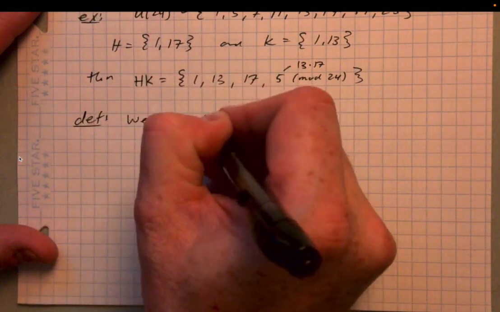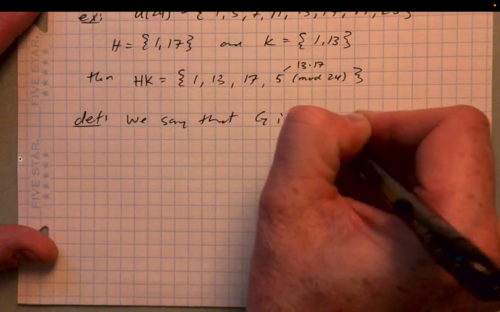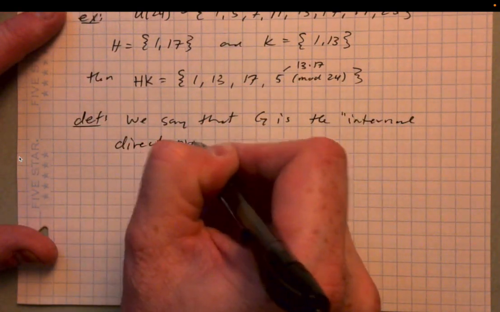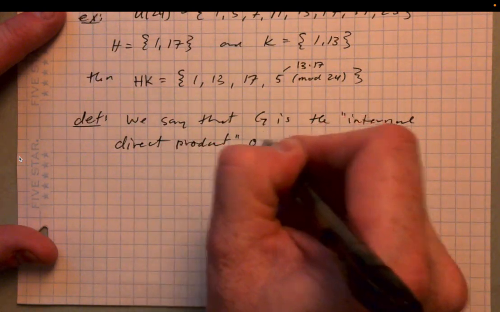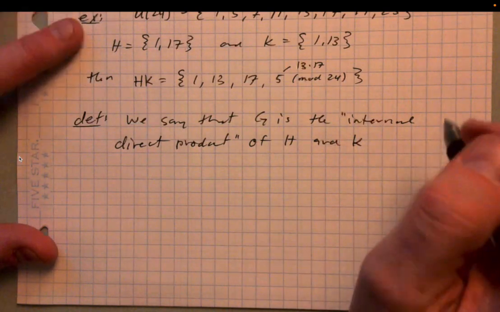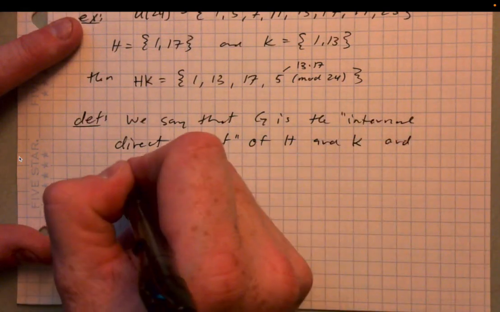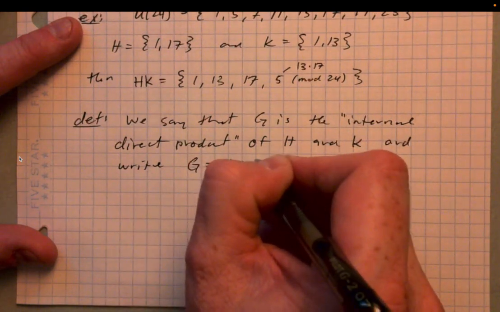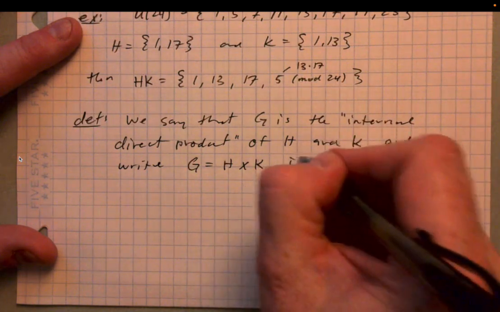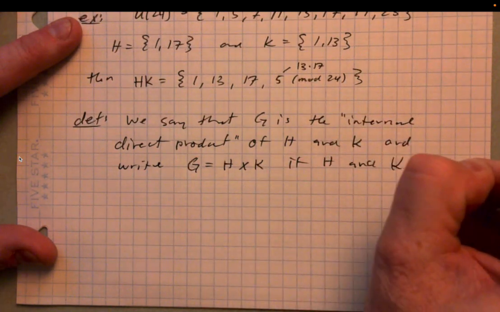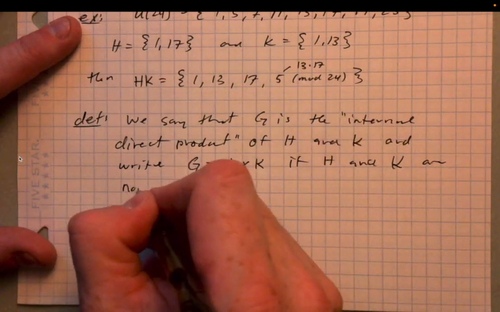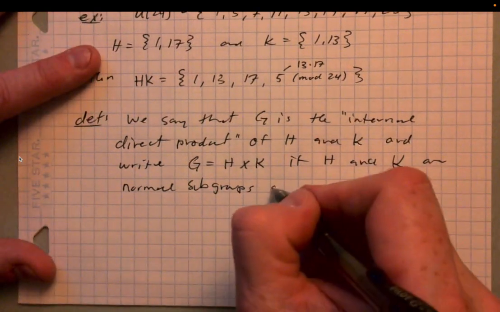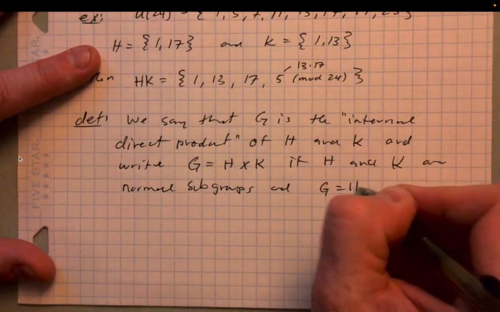We say that G is the internal direct product of H and K, and we write G equals H times K, if H and K are normal subgroups and G equals HK.